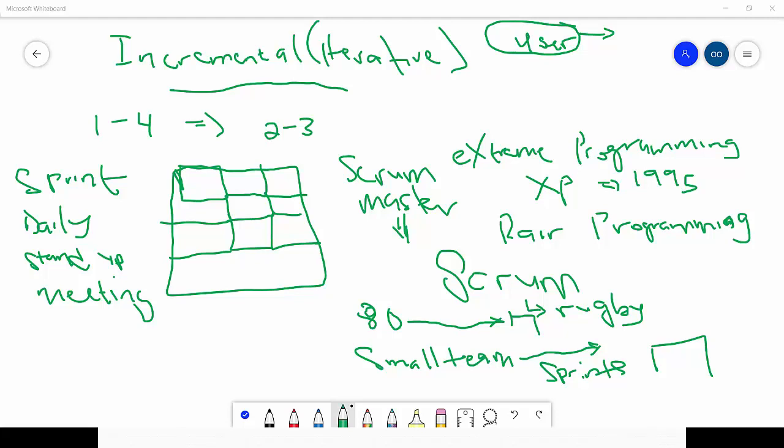So let's say, for instance, you go for an interview and someone asks you, what type of software development process are you comfortable using? You should be able to talk confidently, because you know all these models, and you know the ones that are preferable to companies that are successful.